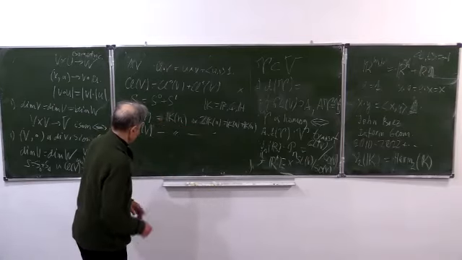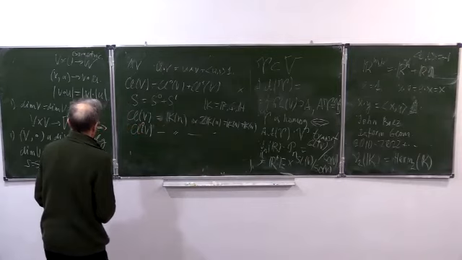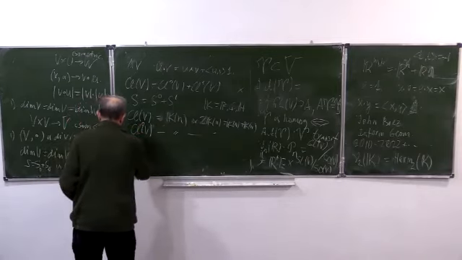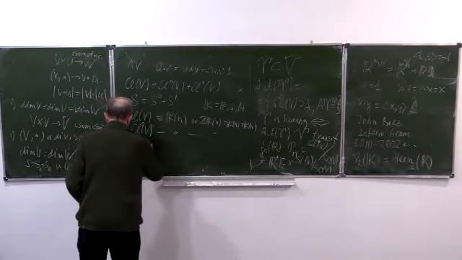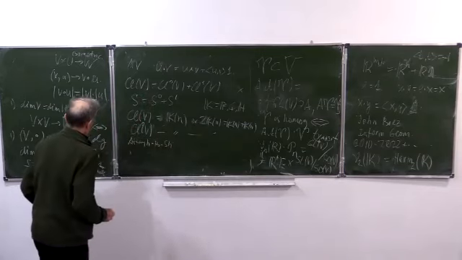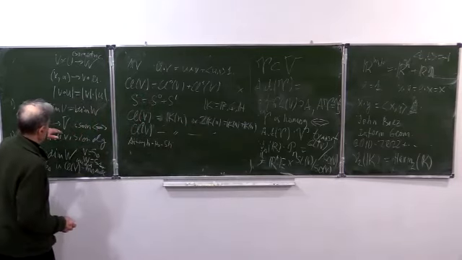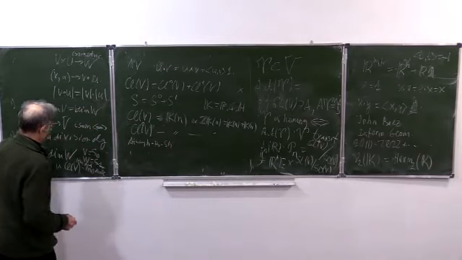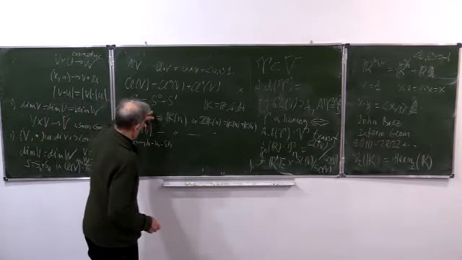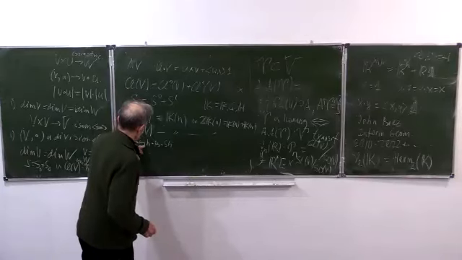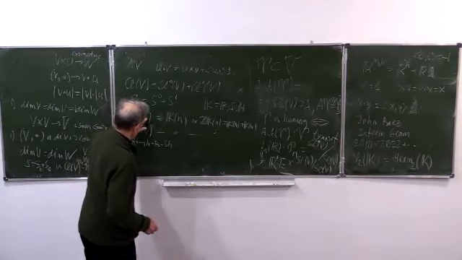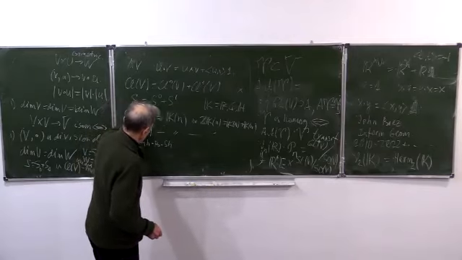So this is the classification, and this was done by Atiyah, Bott, Shapiro. And also we need a metric to define all this. They did it for any signature, not only for Euclidean space, but for a pseudo-Euclidean vector space of any signature.